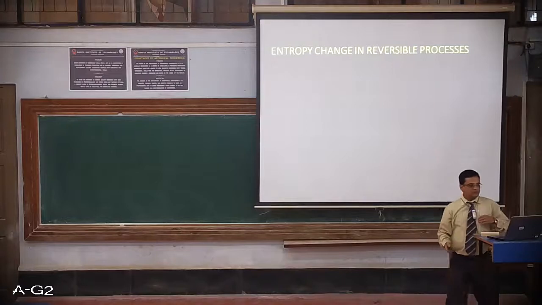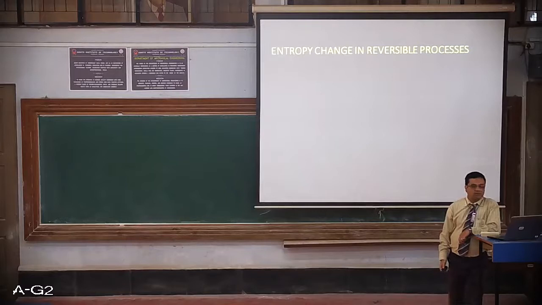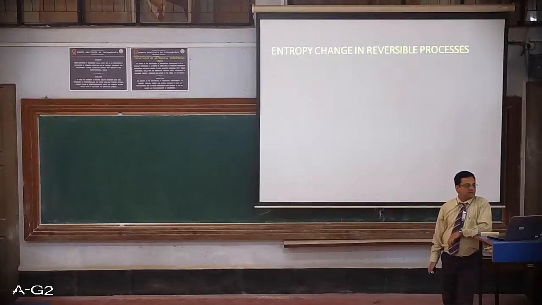Okay, so before we start in today's class, let's take a quick relook at what we discussed in the last class. So we started with entropy change in a reversible process.